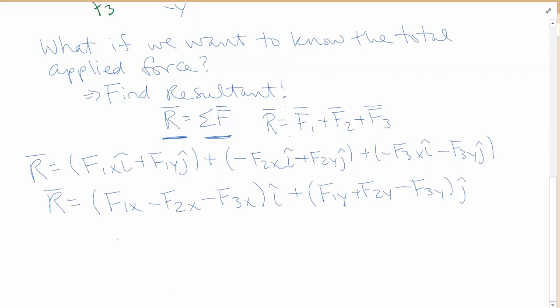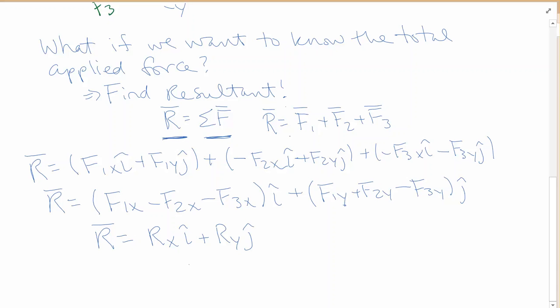So now that we have this, we can also say that the resultant is equal to Rx, which indicates that this is the x component of the resultant force. So it is the x component of the total sum of the forces. And then put an i outside of that, and then put plus Ry j. So this will be the y component of the resultant force, or the summation of the forces in the y direction.